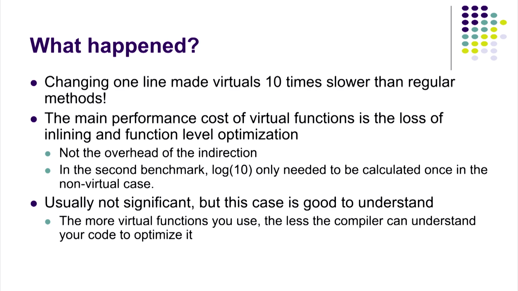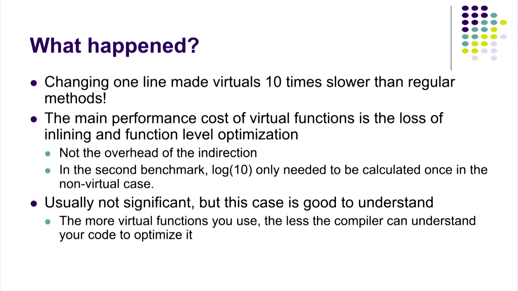So this tells us that the main performance cost of virtual functions is not the actual cost of doing the runtime calculation, but the way it obscures the behavior of the code from the compiler's optimization. The compiler doesn't know what code is going to be run because it's not based on the compile time type. It's based on the runtime type, which is not known at compile time. So this usually isn't significant, but this case is good to understand.